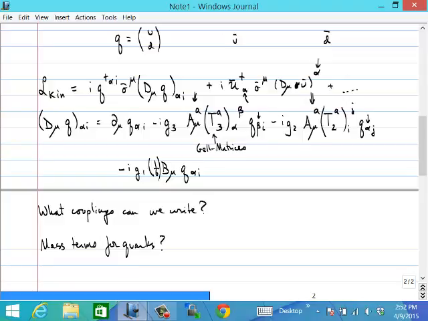But if you start thinking about it, there's actually nothing that you can write down that is both Lorentz invariant and gauge invariant. For example, you could try and write down something like q dagger q. But if you think about it, that's not actually Lorentz invariant. Why? Well, Q is a Weyl spinor.